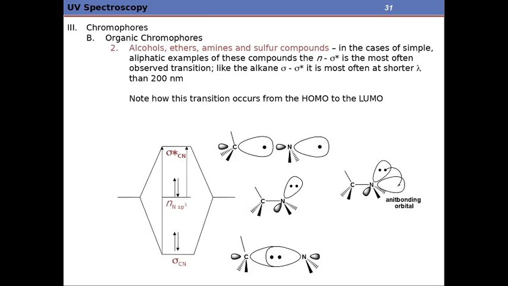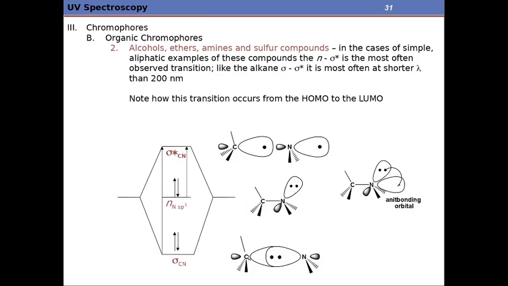So assume that there is a carbon-heteroatom sigma bond, and there is non-bonding electron density on the heteroatom. In that particular case we have sigma molecular orbitals and sigma star molecular orbitals.